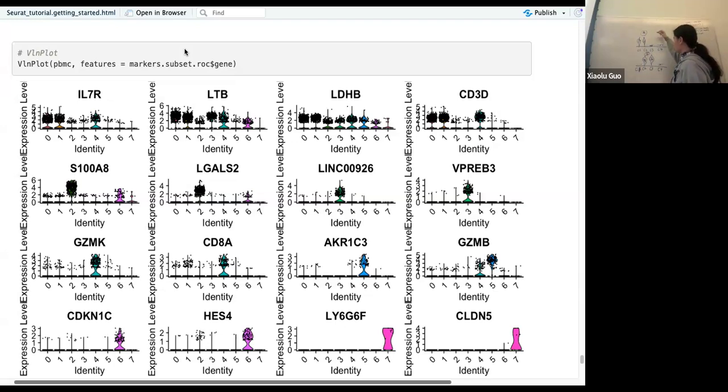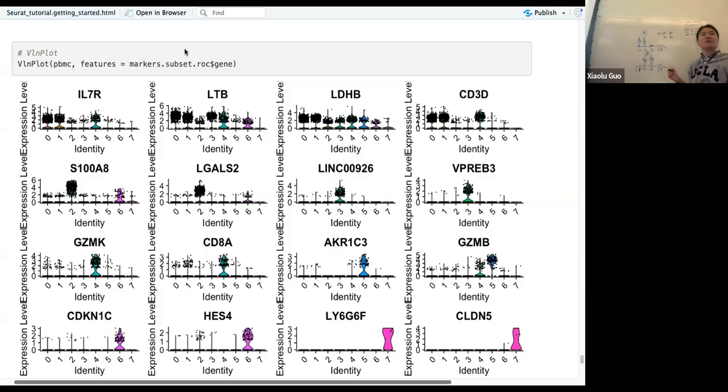First, if a cell expresses both A and B, what cell type would you classify it as? C2, right, because both A and B are highly expressed in C2. If a cell is only expressed in B, what cluster would you expect?